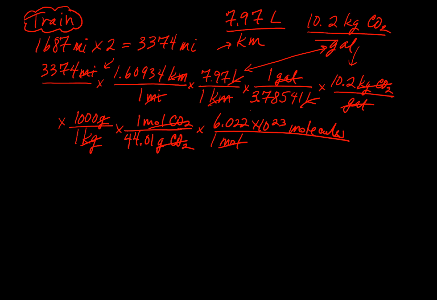I'm going to take that and divide it by 3.78541 times 44.01. All right, thanks for your patience there. I usually try to do all the calculator work beforehand to save time.